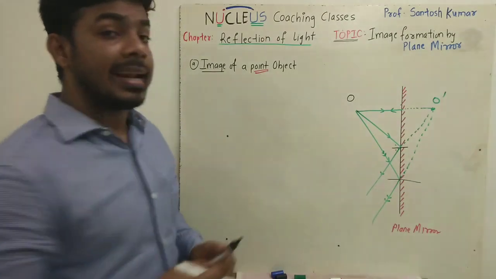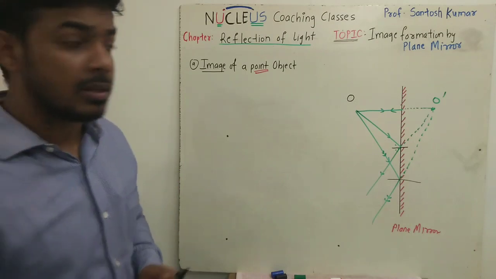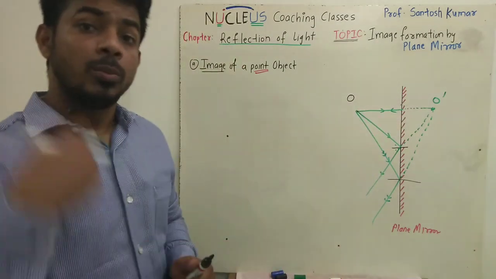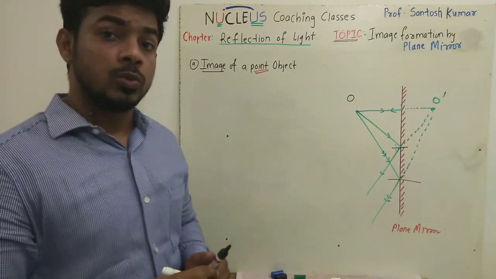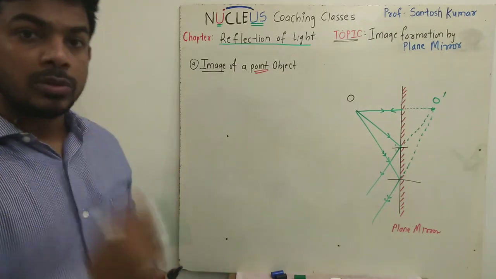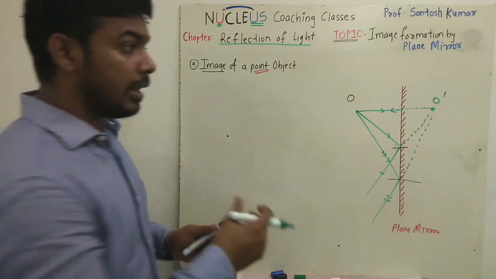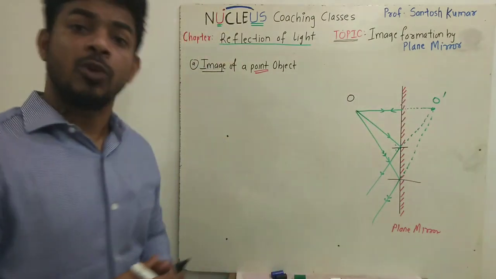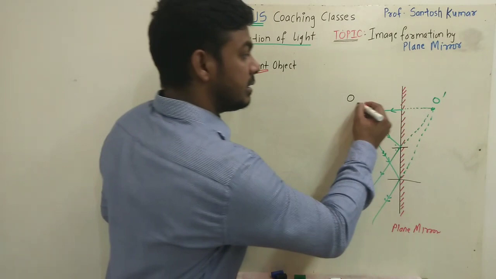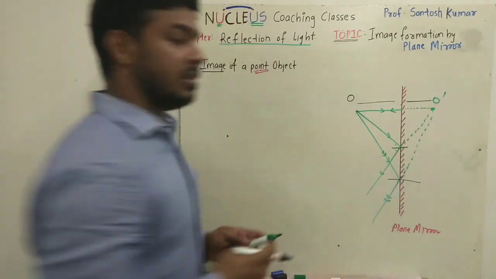So we studied three characteristics of the image formed by a plane mirror: the image is formed behind the mirror, it is virtual, it is erect. One more thing I would like to tell you: by geometry, the distance of the object from the mirror, that means this distance, would be the same as this distance.